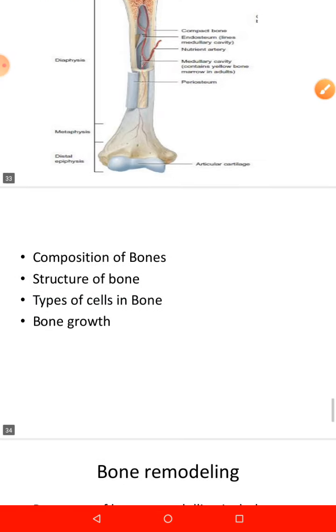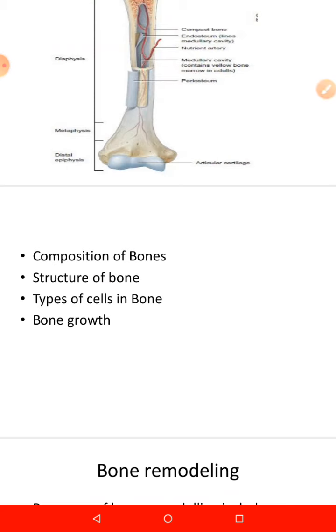Okay. And then in terms of composition, the bone is composed of the matrix and the bone salts, which are called hydroxyapatites. I'm just running through these things for revision purposes.